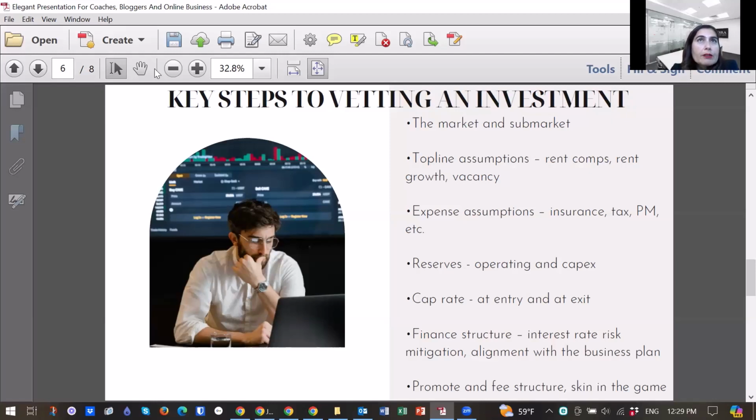And nobody knows where the market will be in 5 years, which is a typical hold period for a multifamily investment opportunity, or even 3 years. Nobody knows where the rates would be, what would happen to the real estate markets, or the overall macroeconomic and geopolitical events, all of which feed into impacting the cap rate.